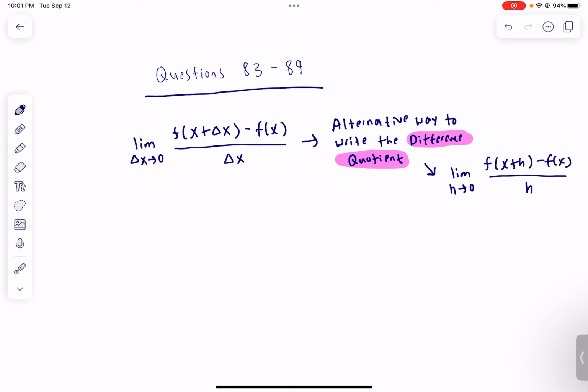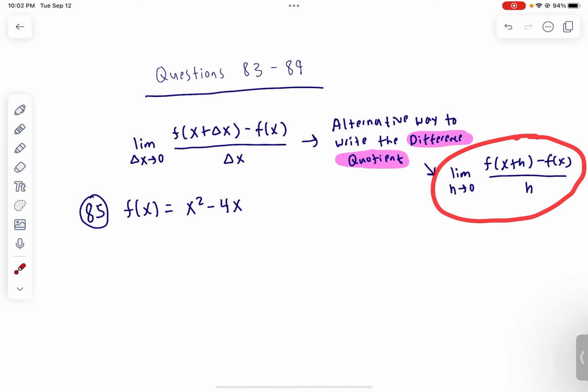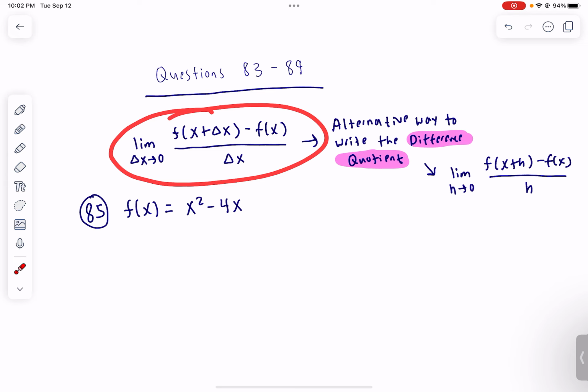So if we look at question 85 on the homework, let's go ahead and try that out. So you have f of x equals x squared minus 4x. So today in class, we looked at this difference quotient, but let's go ahead and apply this new alternative representation of the difference quotient.